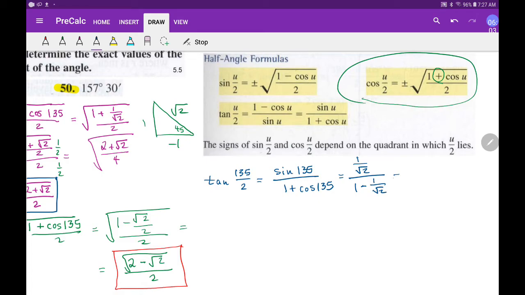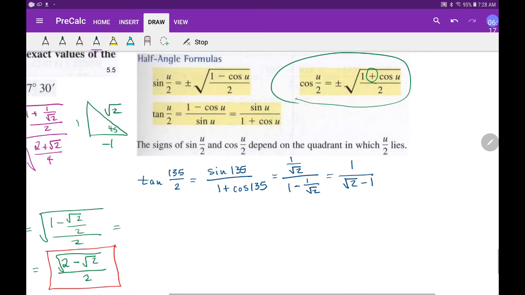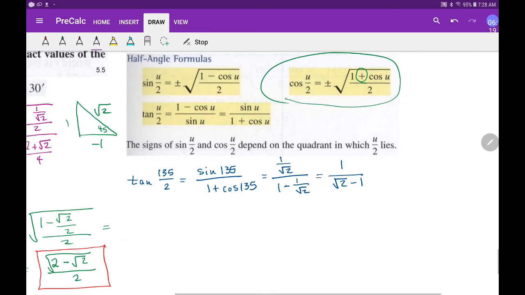And we'll multiply everything by the square root of 2, I guess we could say that. And we'd say 1 over square root of 2 minus 1. It looks like we should probably get rid of that. We'll say this.